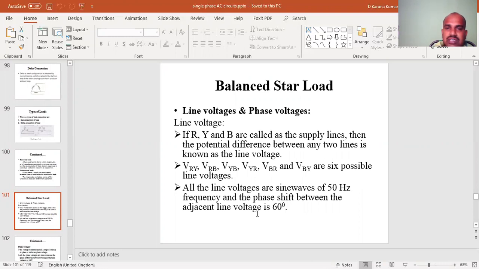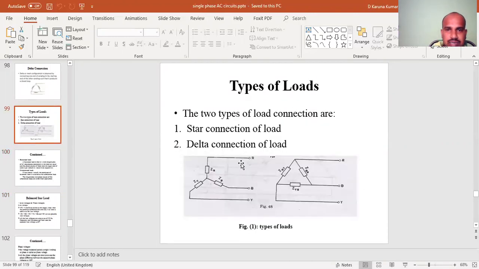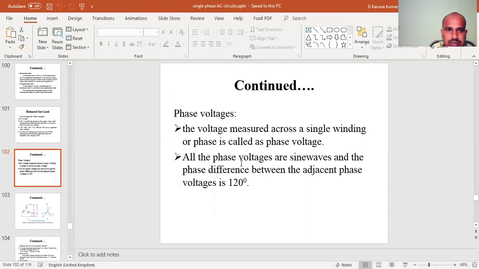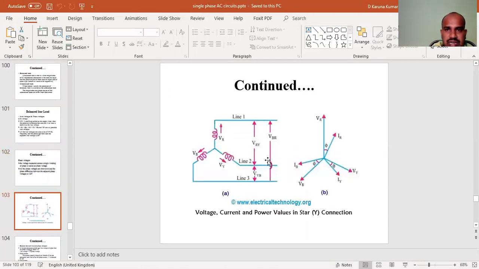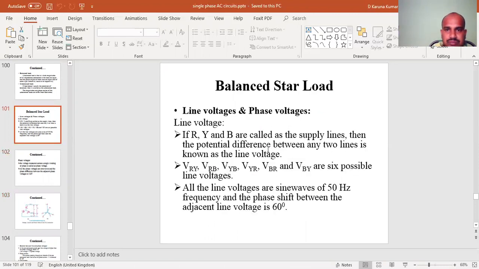The line voltages are VRY, VYB and VBR, the voltage between two lines. The line voltages are sine waves of 50 Hz, and the phase difference between adjacent line voltages is 120 degrees.